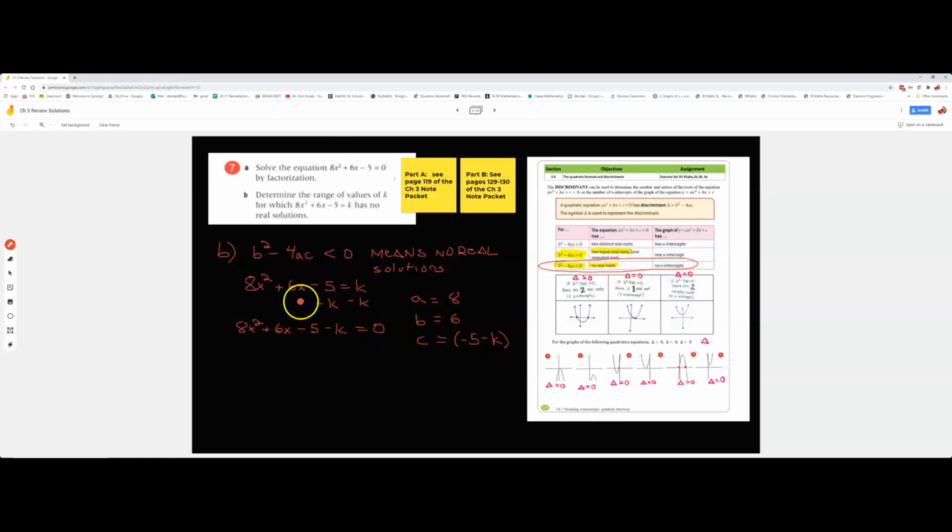So I'm going to plug those now into my discriminant above, and I'd have 6 squared minus 4 times A times C.